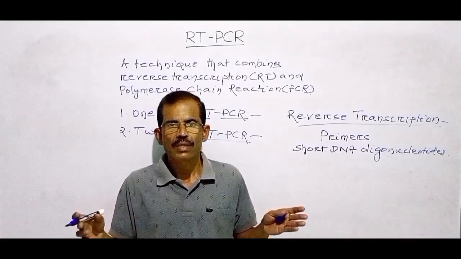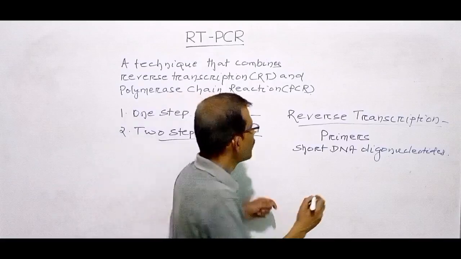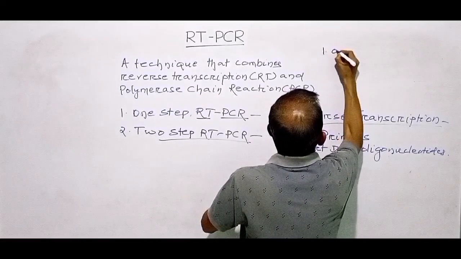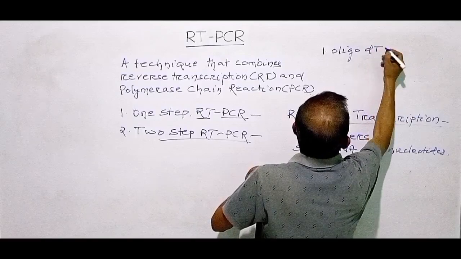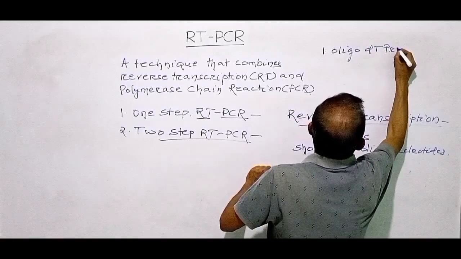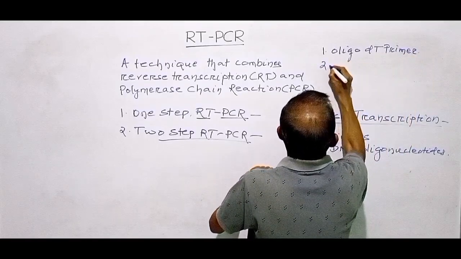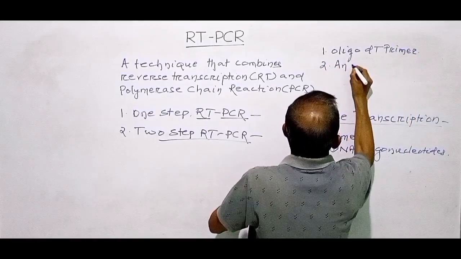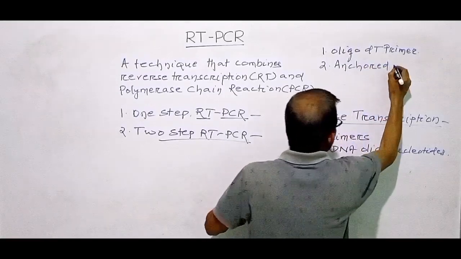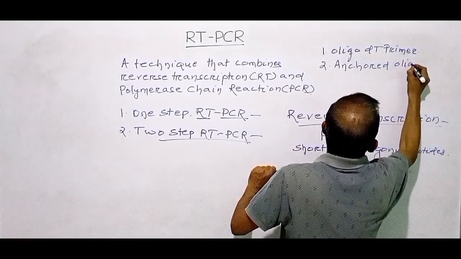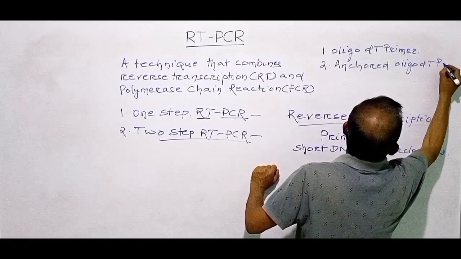In reverse transcription, 4 different types of primers are used. First one is oligo-dT primer. Second one is anchored oligo-dT primer.